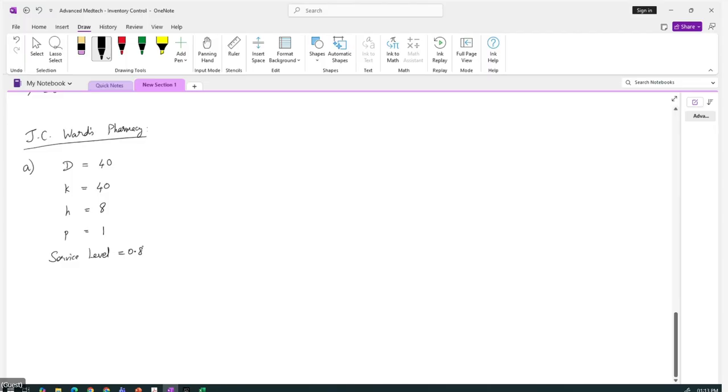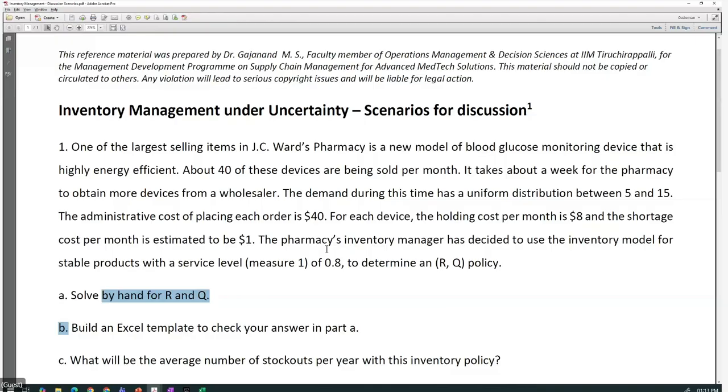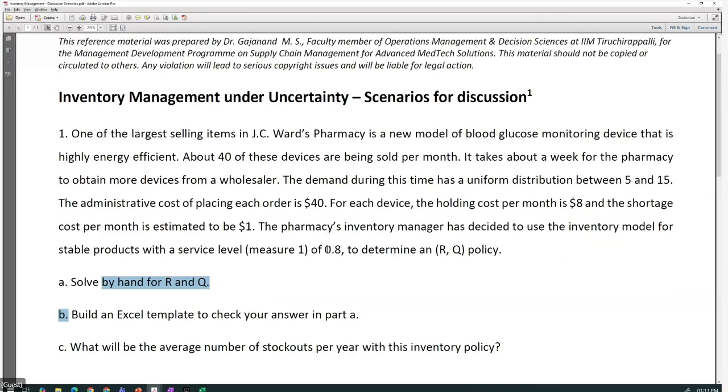The demand during the lead time follows a uniform distribution between 5 and 15.